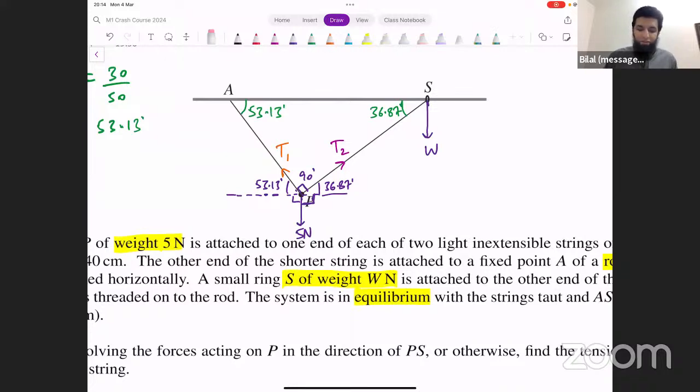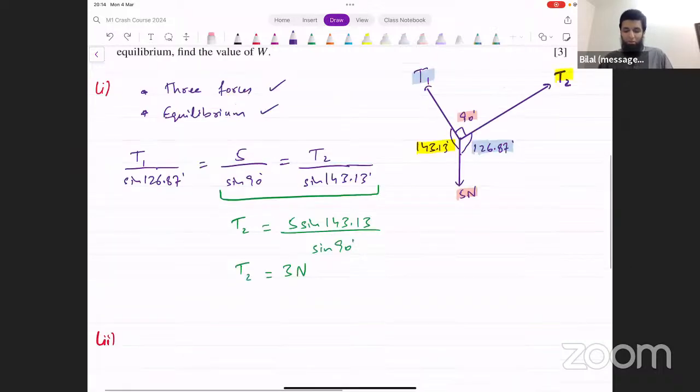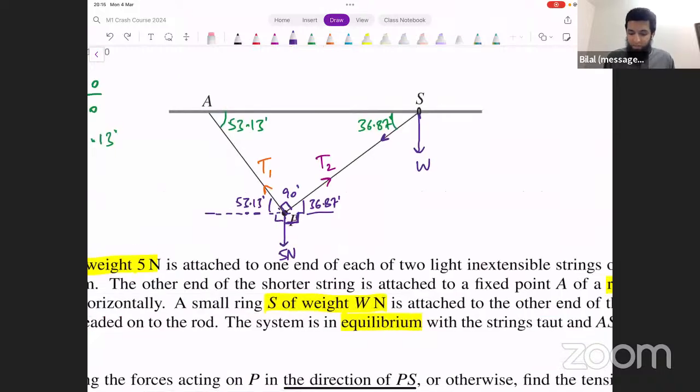It's going to be acting in this direction. This is the direction in which tension acts for the point S. And what's that magnitude? We have found that in the first part. 3 Newton. So there's tension in this direction that has a magnitude of 3 Newton. Okay, so that's one force.